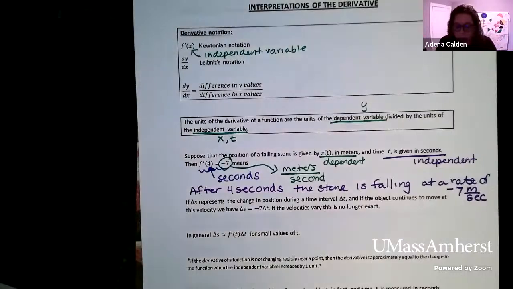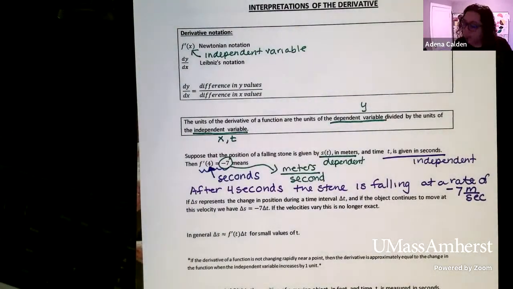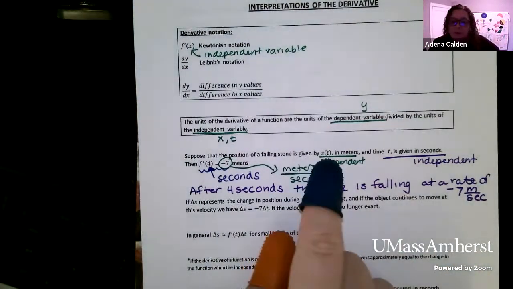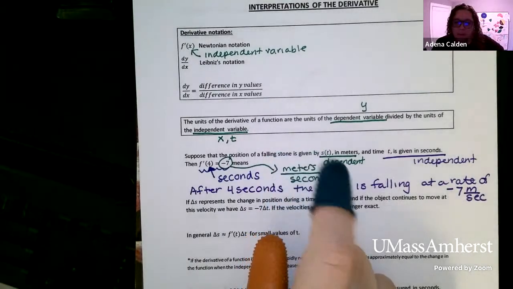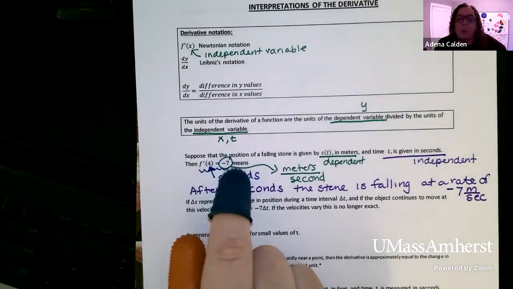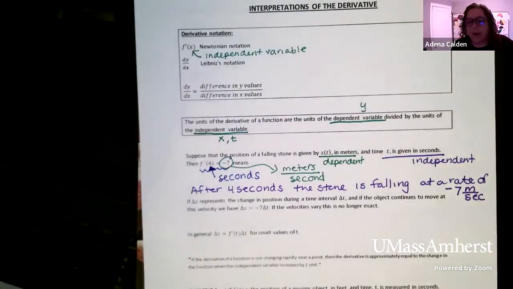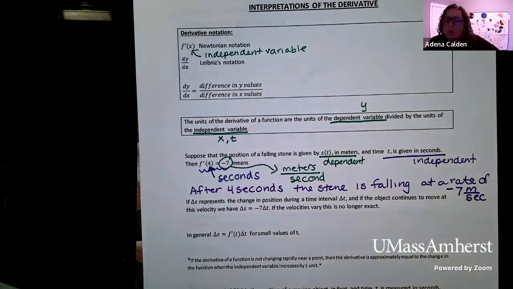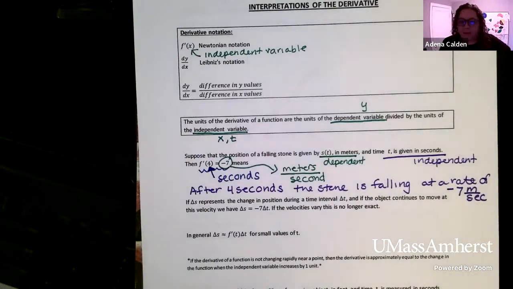We know that the rate that it's falling is -7 meters per second, because that's the derivative units. But the 4 tells us when that rate occurs. So at 4 seconds, or after 4 seconds, the stone is falling at this rate.